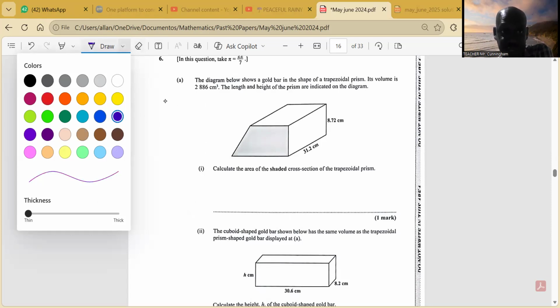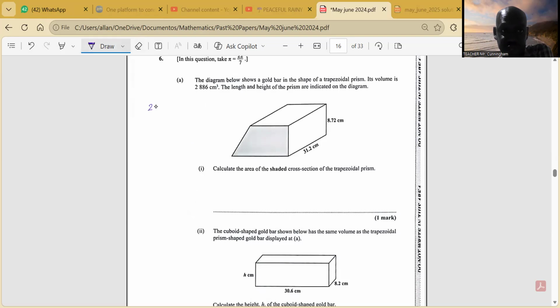But we already worked the volume. The volume was 2,886, which would be equal to the cross-section area. The volume of a prism, actually. Sorry.